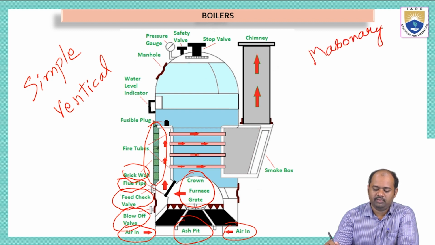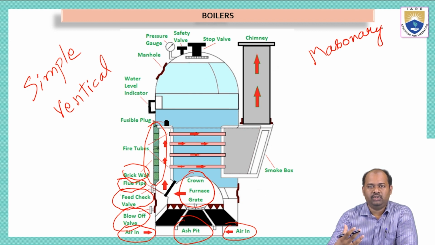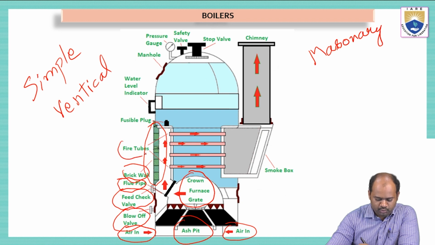These masonry bricks are the ones which will insulate the hot gases that are generated inside the closed chamber. So these hot gases, when they come in contact with the water, will heat it and it is converted into steam.